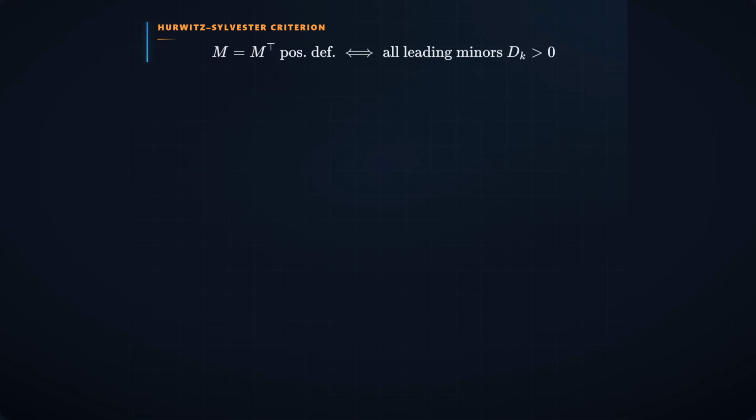The leading minors are the determinants of the top left 1x1, 2x2, 3x3 blocks, and so on. 3 cheap determinants instead of completing the square. Our matrix is symmetric. You can read that off the mirror across the diagonal, so the criterion applies. Now just compute the 3 leading minors.